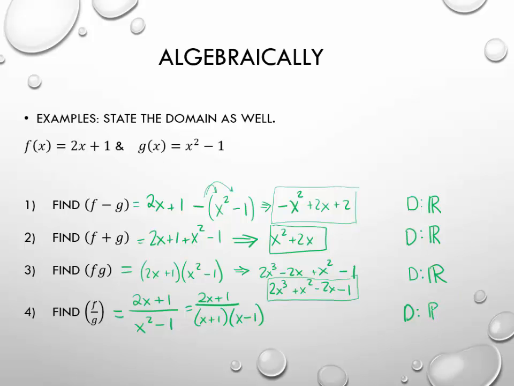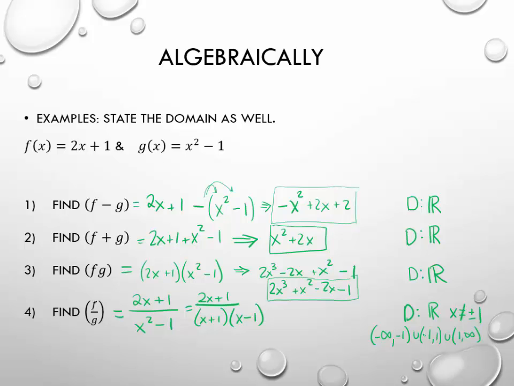That's all real numbers, but x cannot equal what 2 values, Trinity? 1 and negative 1. Yeah, and we could say plus or minus 1. In interval notation, that would be negative infinity to negative 1, union negative 1 to 1, union 1 to infinity.